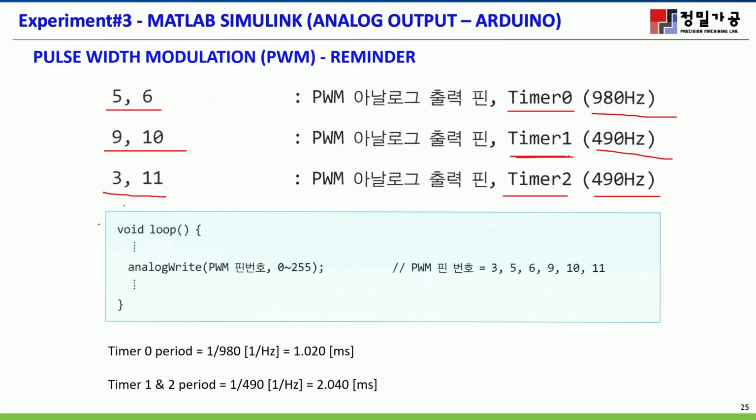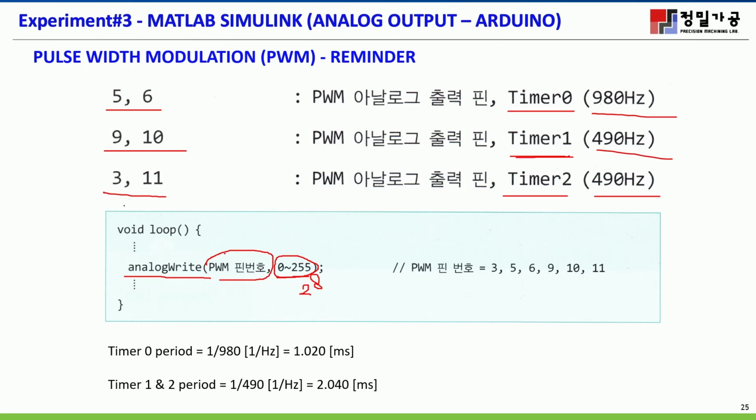In Arduino IDE, usually we use analogWrite, right? And this one is the number of the pin. You remember, right? And this one, 8-bit decimal value, not digital, sorry, represents the duty cycle. Okay, that is done using Arduino IDE with analogWrite.